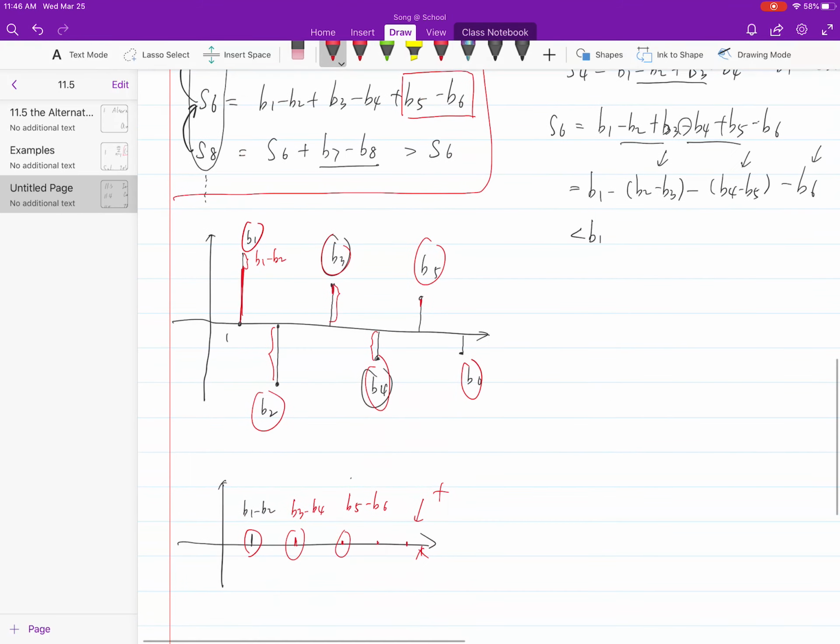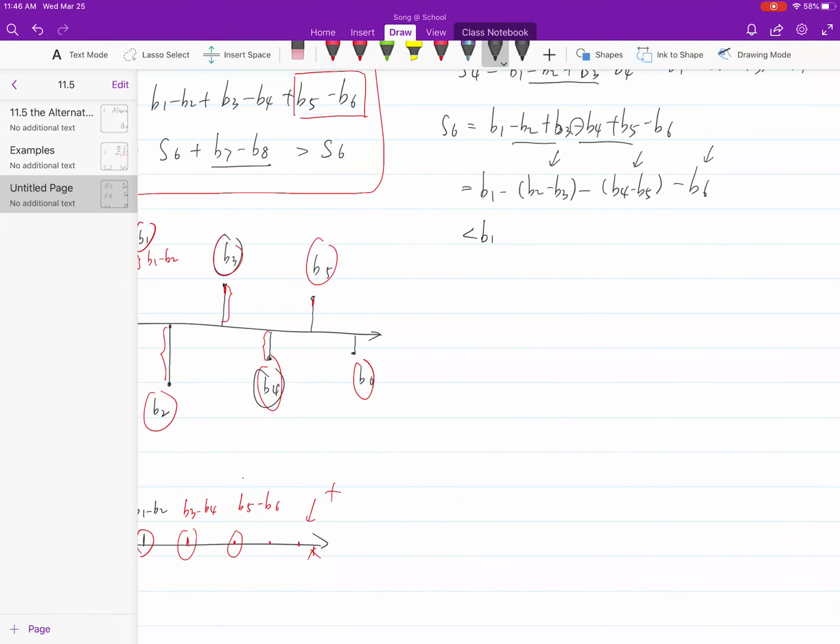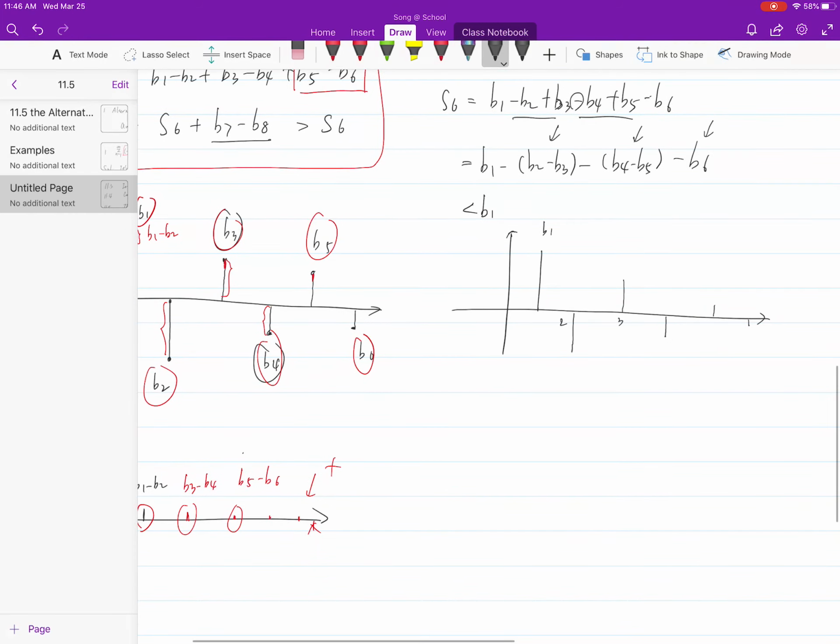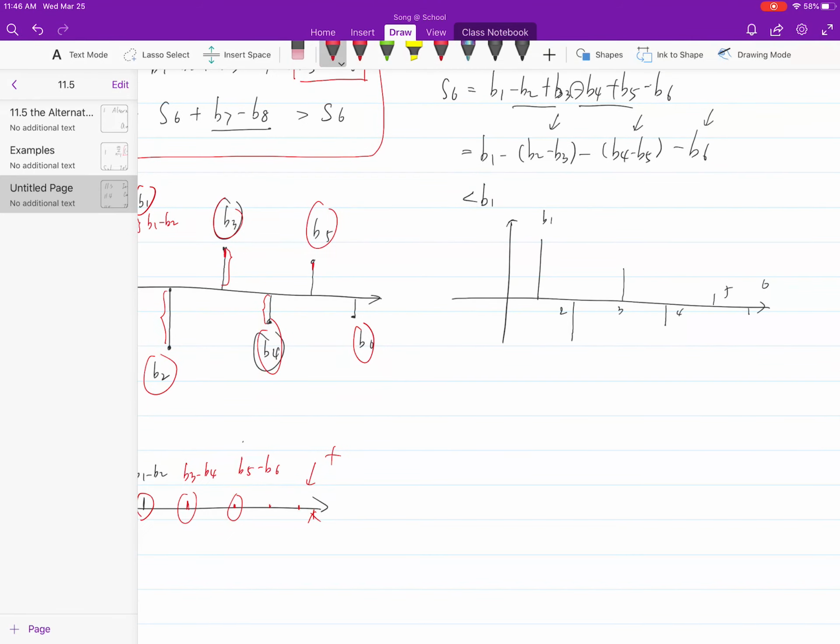Sounds good? Now what happens to the second case? B1, B2, B3, B4, B5, B6.